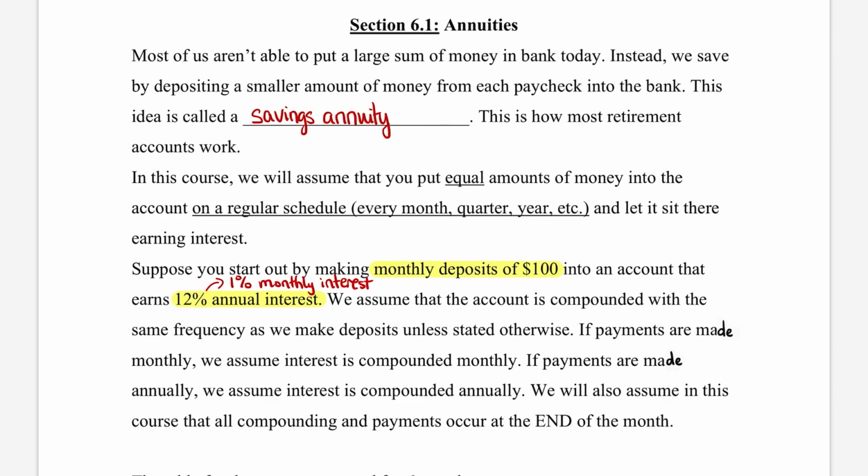In order to determine the monthly interest, you take the annual interest divided by 12.